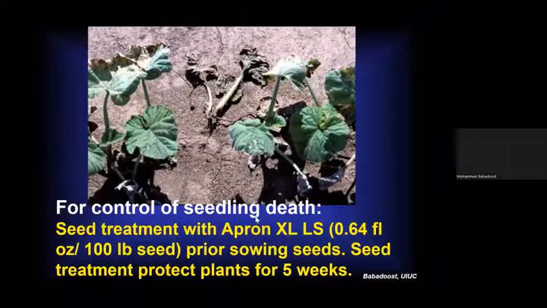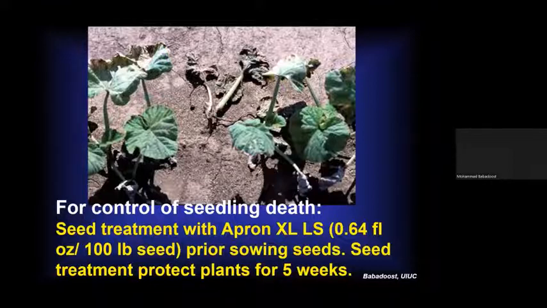For example, seed treatment. Seed treatment here with the Epron XLLS mefenoxam. I put this one in the US system, English system, 0.64 fluid ounces per 100 pounds of seed. That's exactly what I mentioned for 1 kilogram of seed.